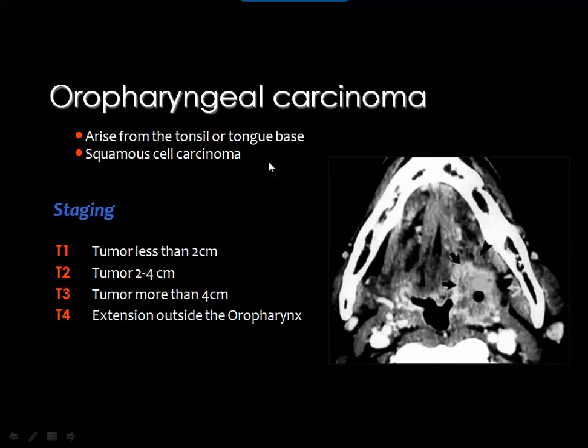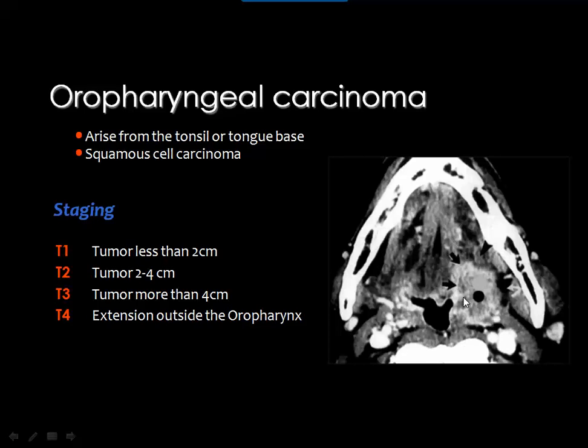Then the oropharyngeal carcinoma is just a soft tissue mass infiltrating the adjacent fat planes, and you should remember the anatomy in order to be able to describe the lesion. Then here you see an enhancing mass in the left side of the mouth floor, and this mass is not clearly separable from the genioglossus muscle.